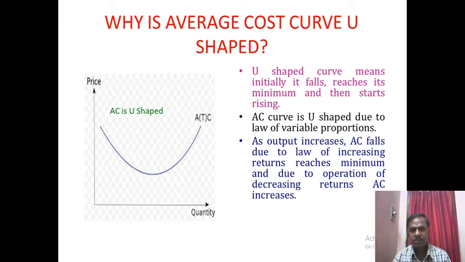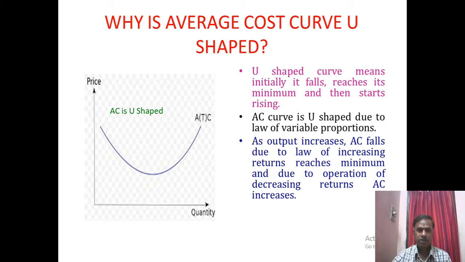As output increases, AC falls. In the first stage, output increases due to better combination of fixed factors and the variable factors. That's why the cost decreases. Then it reaches minimum. Then due to the operation of decreasing returns, the total product decreases.